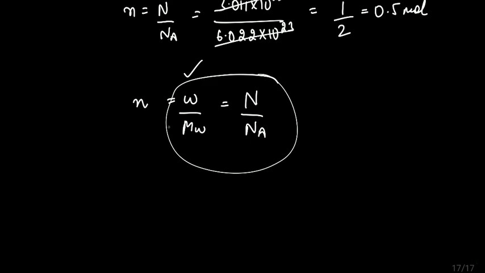Out of these four values, if you know three, you can calculate the fourth one. So given mass can be calculated by taking number and taking molar mass or gram molecular mass or gram atomic mass divided by Avogadro constant.